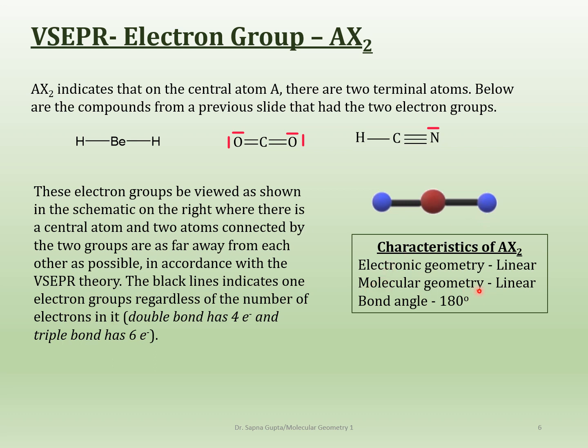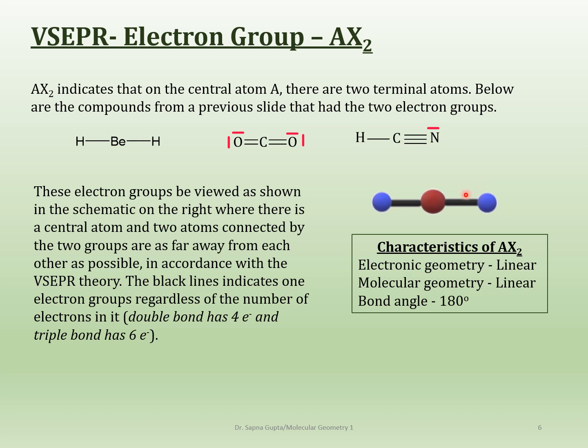So now the electronic geometry is linear, because this is a straight molecule. The molecular geometry is also linear. Straight molecule, bond angle 180. The angle is really going to be the important thing for us, because how far apart are these two terminal atoms from each other? That's the key thing, because that's determining the shape of the molecule.